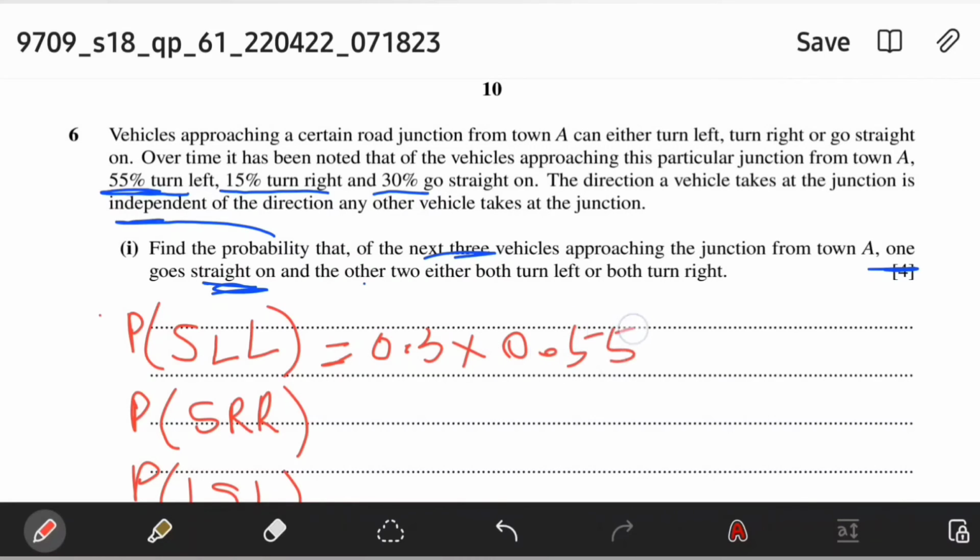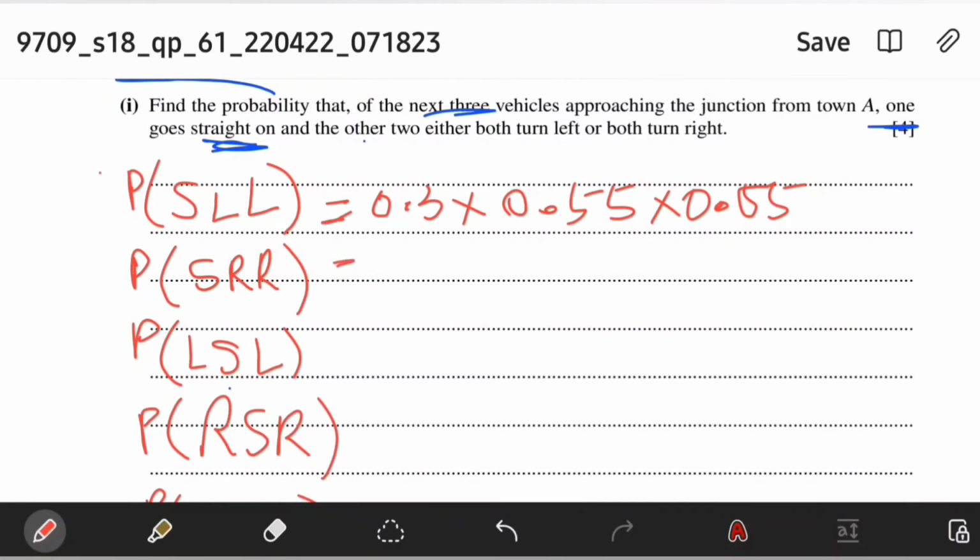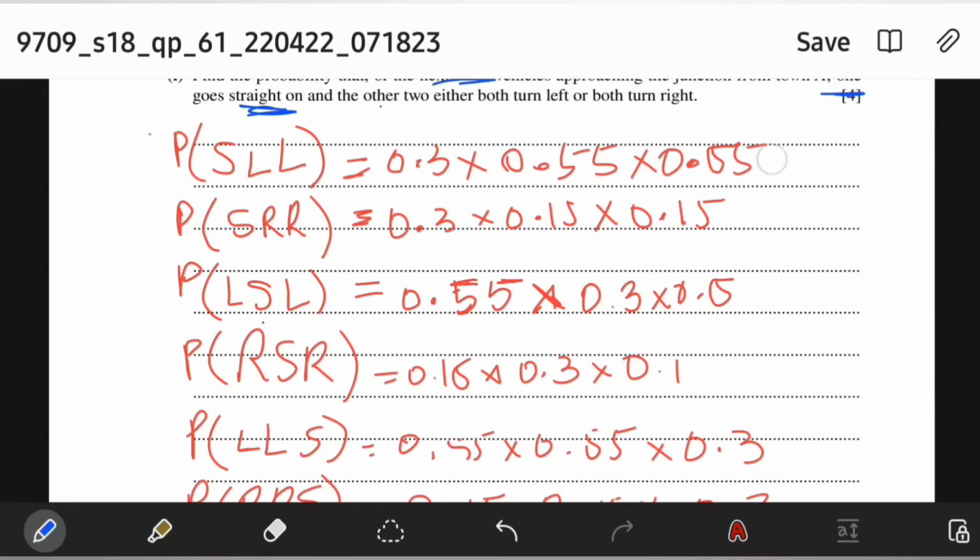You can observe that the arrangement is different for each of the choices, and we're considering them because whenever we draw a tree diagram, we always consider the arrangement as well. So now we are going to write out all the probabilities and then add them to get the answer.